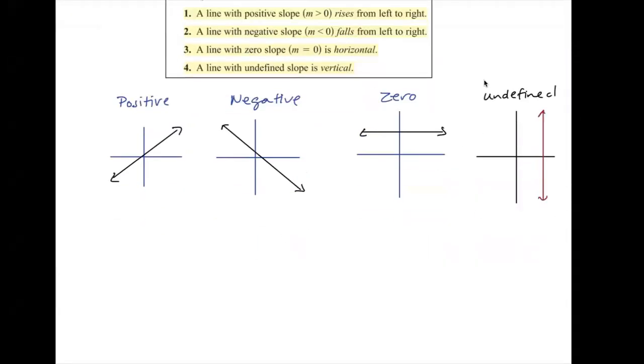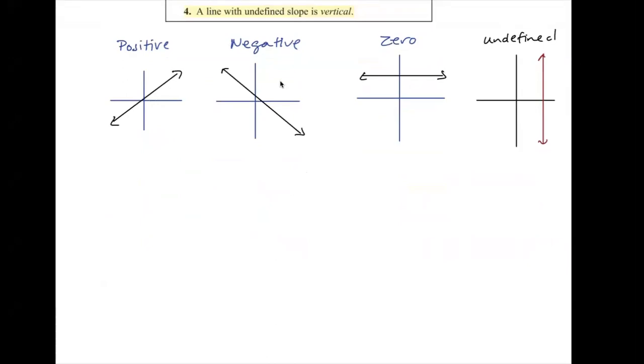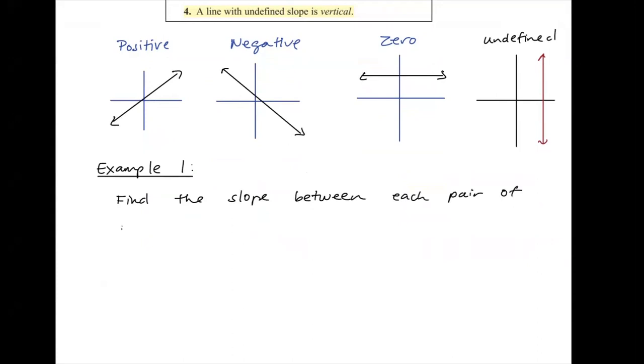Okay, so example 1. We're going to find the slope between each pair of points.